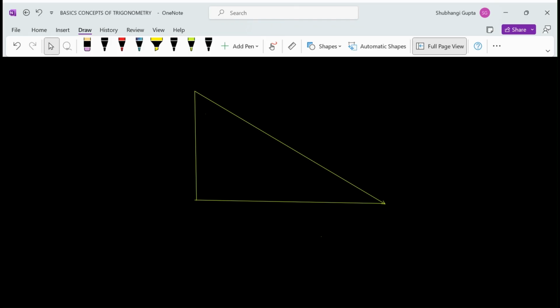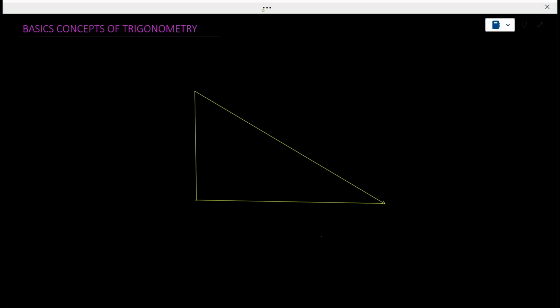So this is the right angle triangle. Let us consider this as angle theta.